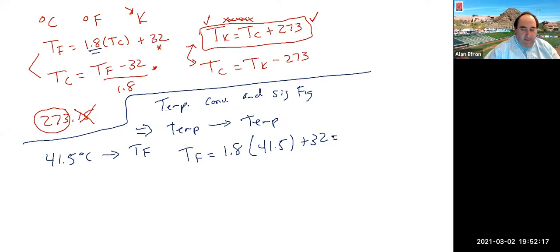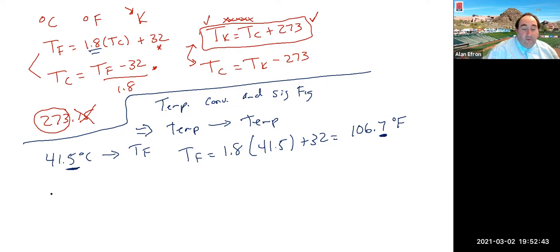If we do that, we end up with 1.8 times 41.5 plus 32, which gives us 106.7 degrees Fahrenheit. Our original number went to 1 decimal place, so we would want to take it to 1 decimal place as well.